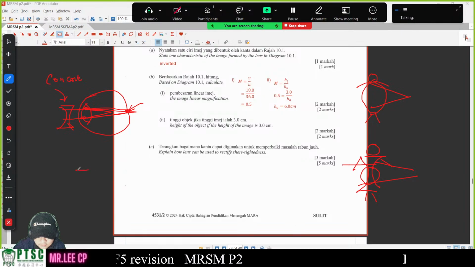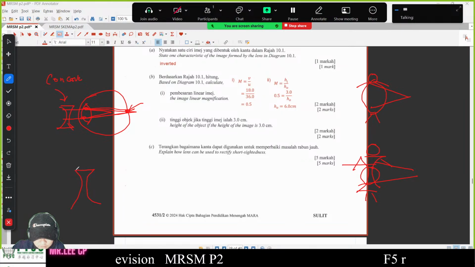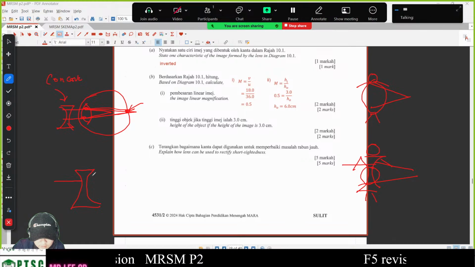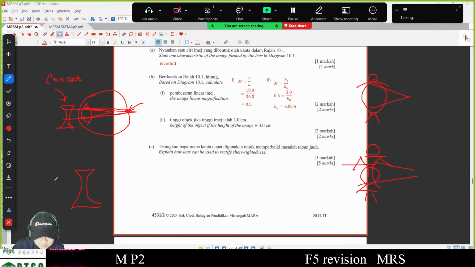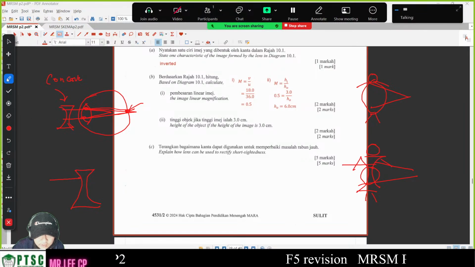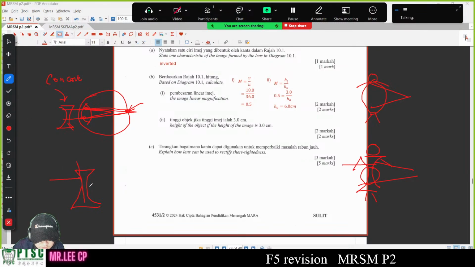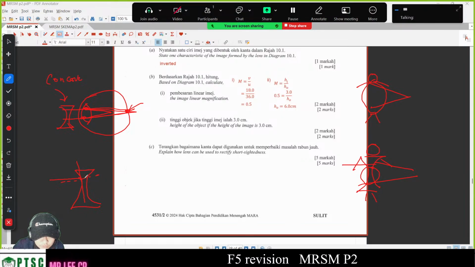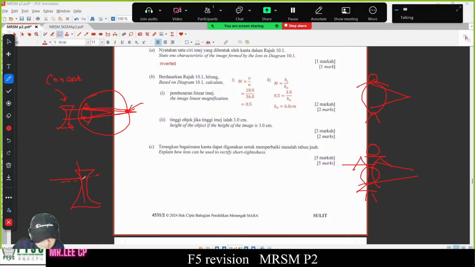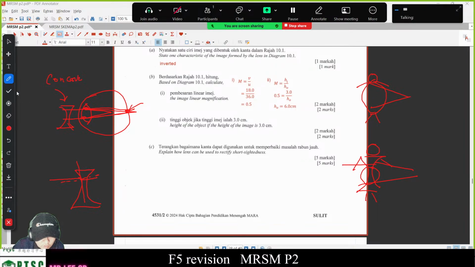So now the light actually comes into here. Let me explain. So the light comes in here, so it will go up. Why does it go up? When the light comes into here, this one is called the tangent, and this one is called the normal line. So it will not go straight. It goes from less dense to denser, it will move toward the normal.